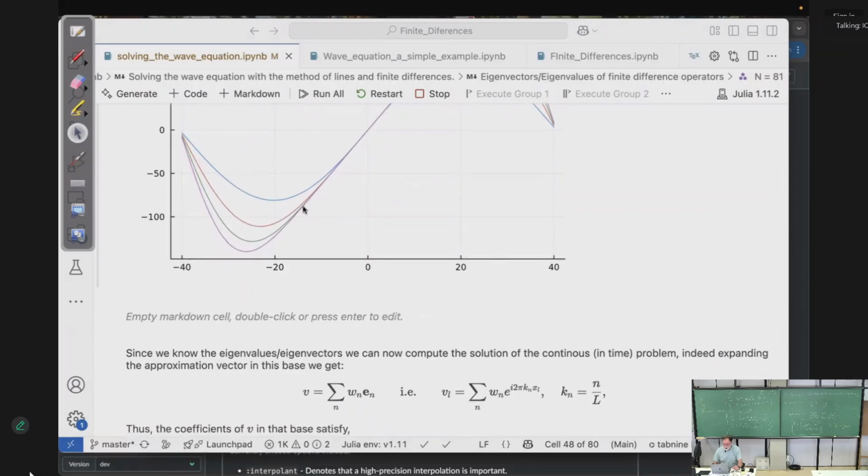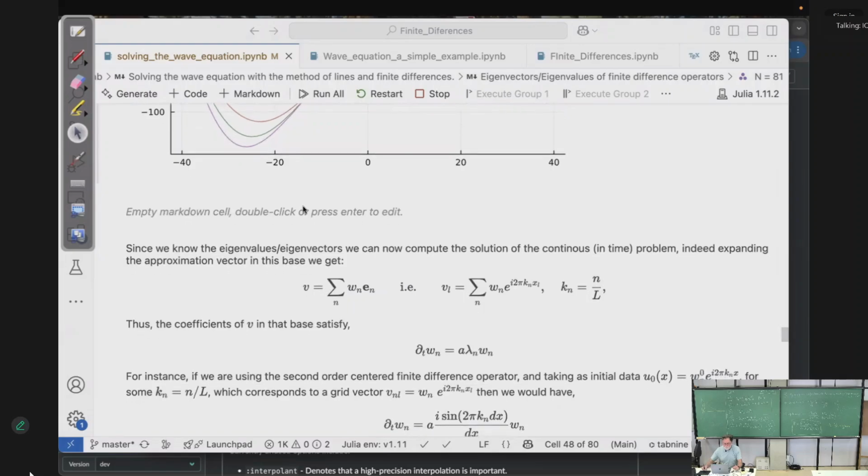Since we have the eigenvalues and eigenvectors of the system, we can write any solution we are seeking as a constant times the base, right? This is e to the i 2 pi, etc. And so the points in the grid are this one here, where k_n is n over L. And we have the x_l here.